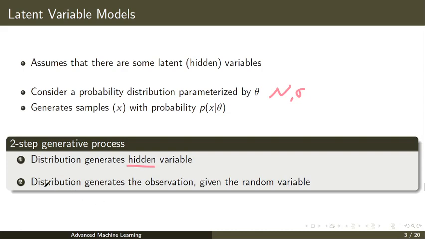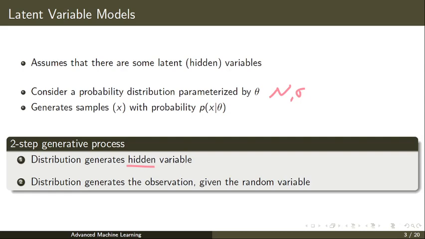Then you use another distribution which generates the observation, or this visible value, given this hidden variable. So this hidden variable is going to control our visible variable. That is what we mean by latent variable models.